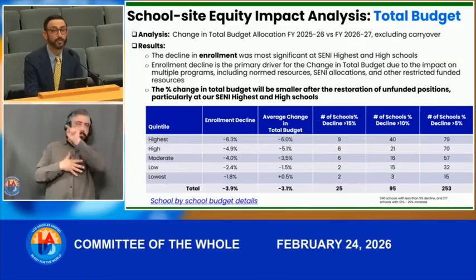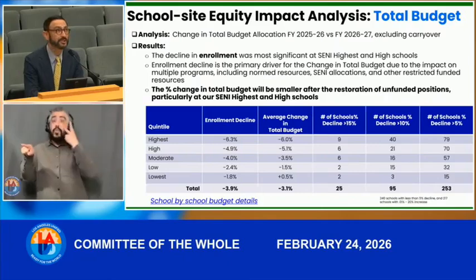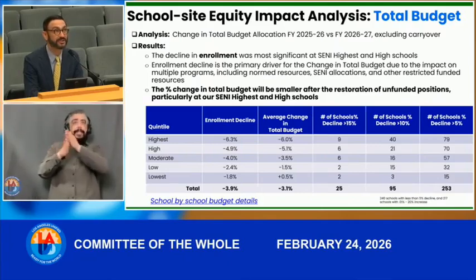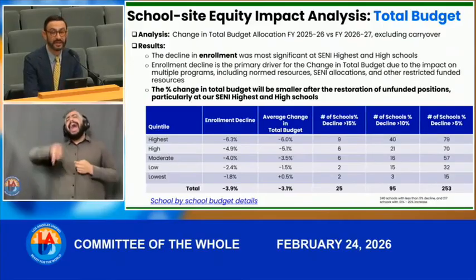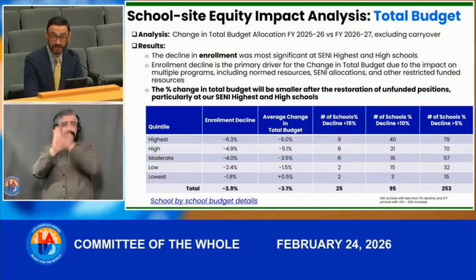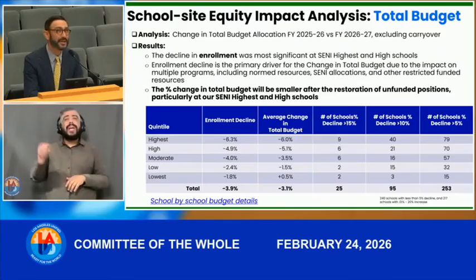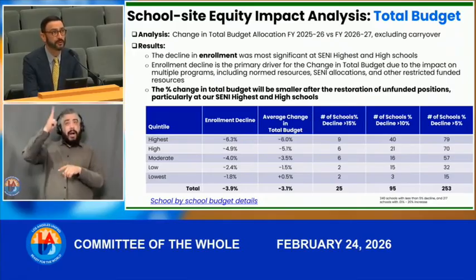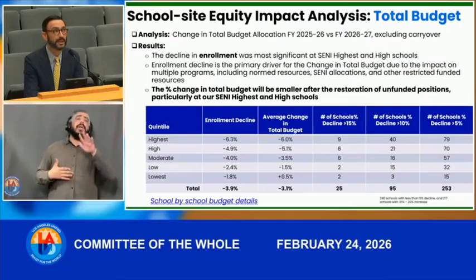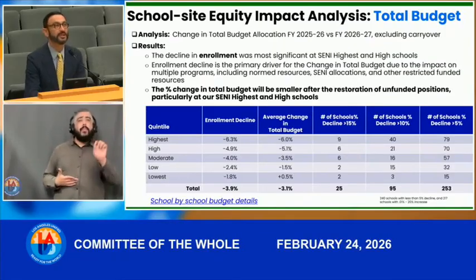And you'll see there the average enrollment decline within each of those quintiles. We do see the highest level of enrollment decline at our highest SENI quintile schools, 6.3%. 4.9% decline for high, 4% for moderate, 2.4% for low, and 1.8% for lowest.